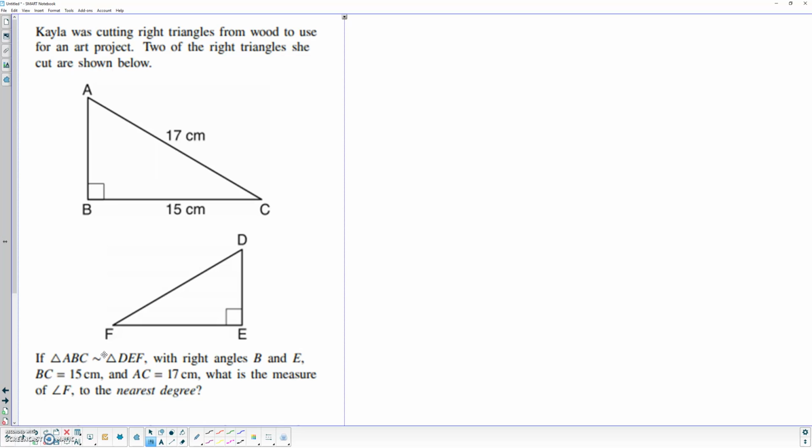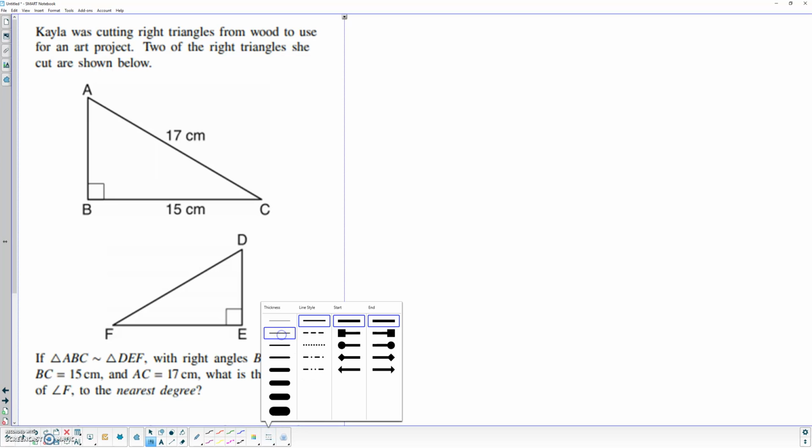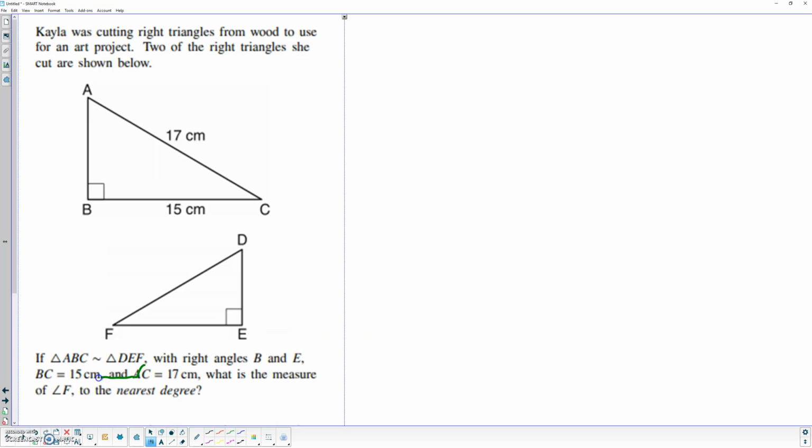Okay, so they're telling us the triangles are similar. So if the triangles are similar, we know that the corresponding angles have to be congruent. So they want angle F. So we know that angle F is congruent to angle C because the triangles are similar. So if I solve for angle C, that'll also give me the value of angle F.